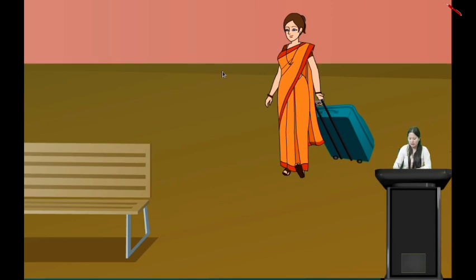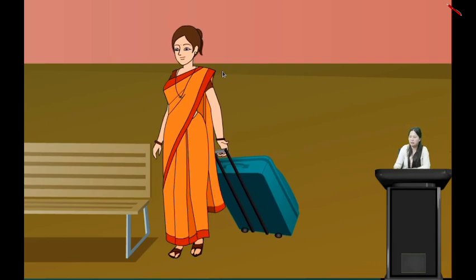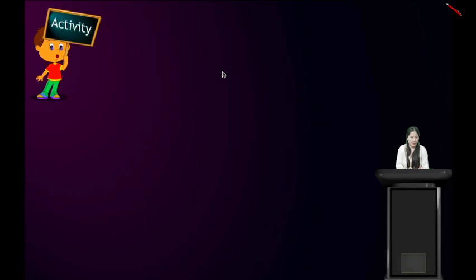But here we see a woman carrying a large trolley, but she can move this trolley easily. So let us see why. Why is the boy finding it difficult to pull the 2 bags, but why is the woman finding it easy to pull the trolley? So let us see.